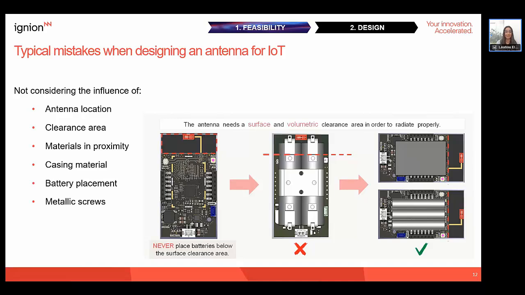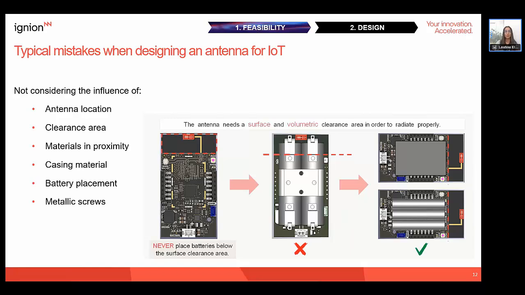Of course, the antenna location is very important. This antenna location is set in phase 1, in the feasibility. So once we have the antenna location established, we can set its clearance area. The clearance area is a very important concept because that makes the difference on having a very good design or a not that good design.